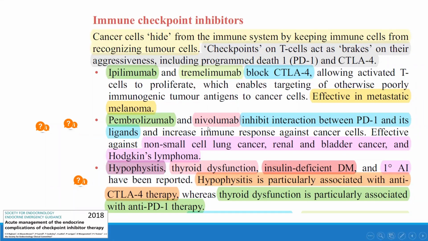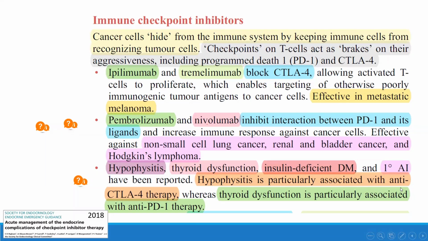And another drug like nivolumab that inhibits PD-1 and its ligands is used for management of non-small cell lung cancer, renal and bladder cancer, and Hodgkin lymphoma. The most important to know: hypophysitis, thyroid dysfunction, insulin deficient type 1 diabetes, and primary adrenal insufficiency have been reported from these drugs.